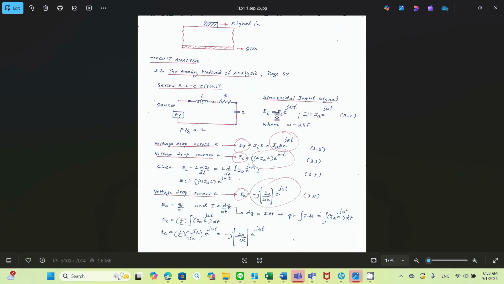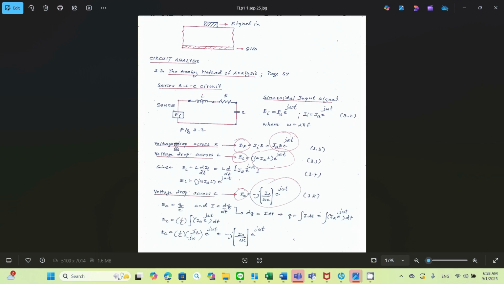EA is the amplitude of the voltage, and that's why you have t here, and you also consider the phase because you have j. Also I, the current flowing through the circuit, is the same as the current flowing through L, R, and C, because this is a series circuit, according to equation 3.2 from the book.